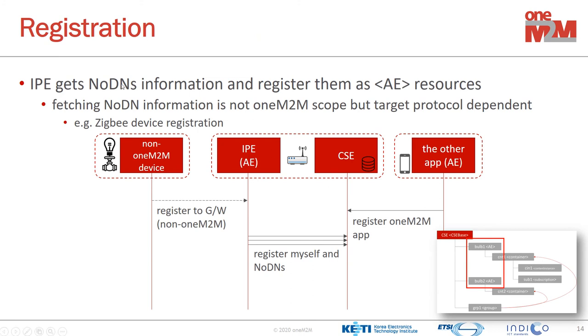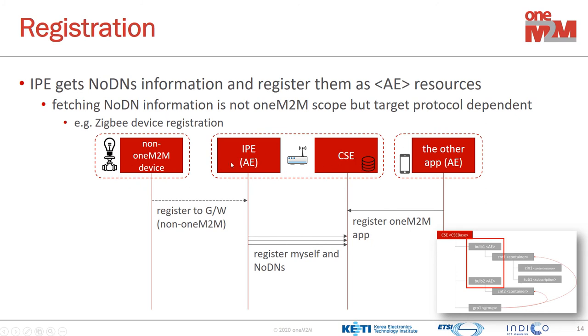Node-ian represents no device node, so basically a non-oneM2M device. So the IPE gets the other non-oneM2M devices' information and registers them. And of course, it is registering itself to the platform also.